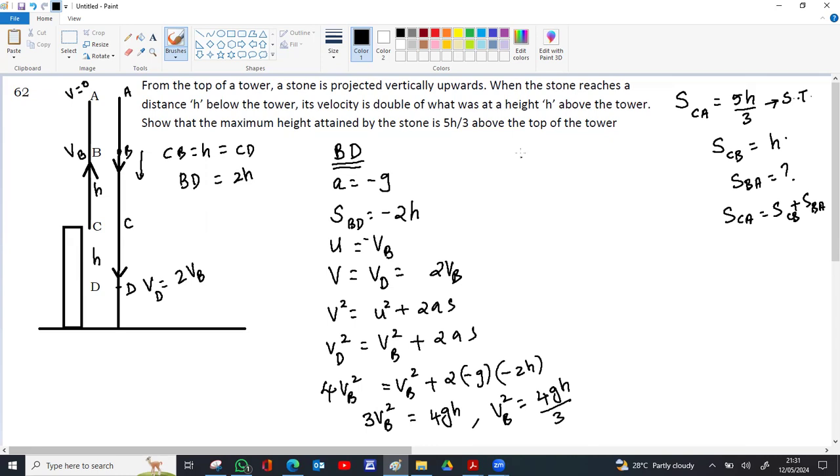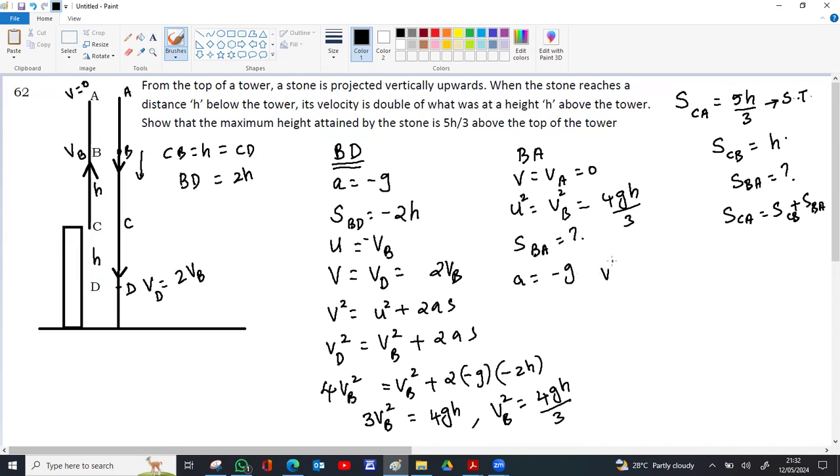Now after getting Vb, you can go back to AB. We'll take the upward motion B to A. The final velocity, which is the velocity at A, is 0. The initial velocity, which is the velocity at B, is root of 4gh by 3, so u square is 4gh by 3. Now we find the displacement between B and A. Acceleration is always gravity, which is minus.